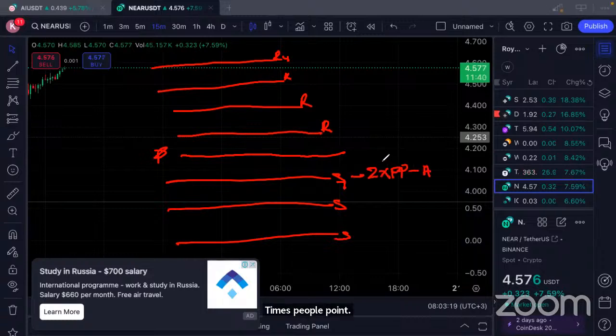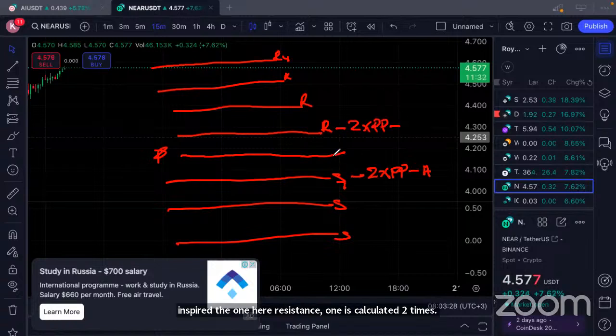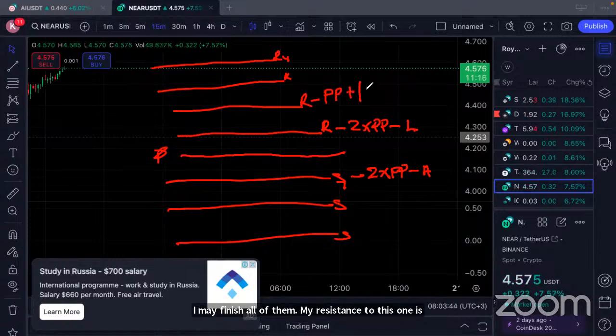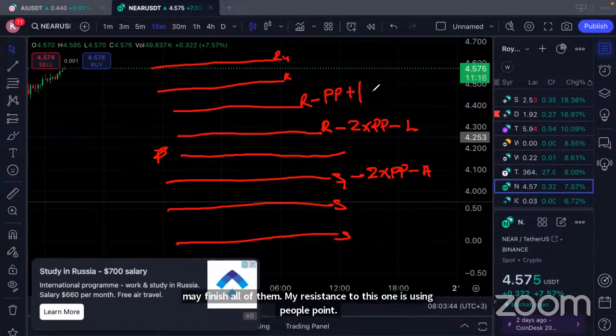Vice versa, resistance 1 is calculated as 2 times pivot point minus the lowest point. I may not finish all of them. But resistance 2 is calculated using pivot point plus, in brackets, the high minus the low.